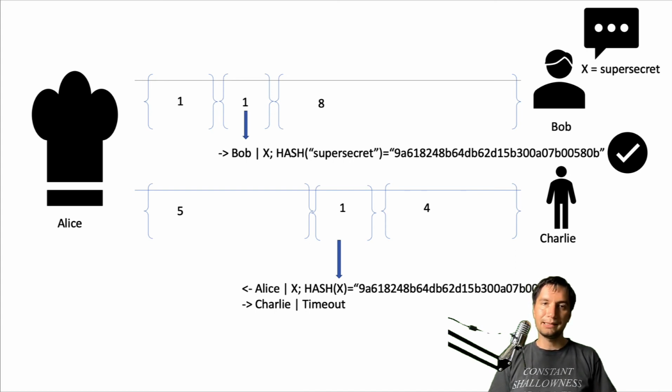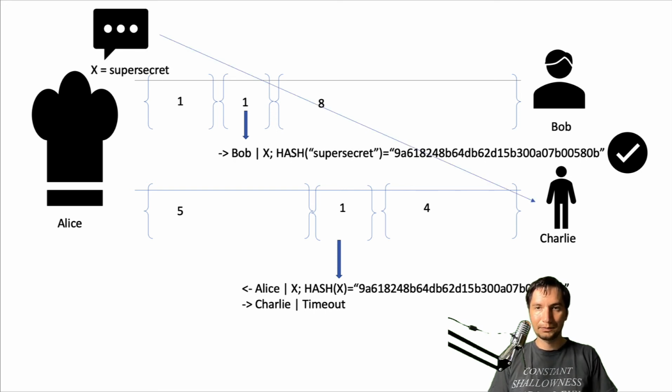But in normal case, Alice cooperates and gives the Bitcoin to Bob. But she now needs to claim the Bitcoin from Charlie. So she sends the secret, tells it to Charlie and says, okay, give me my Bitcoin.